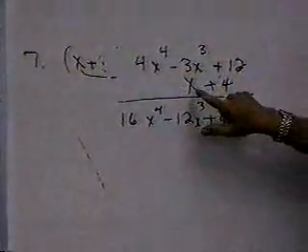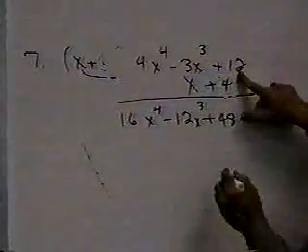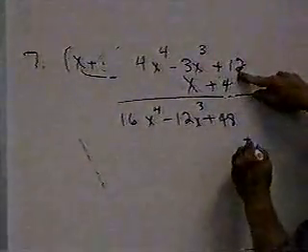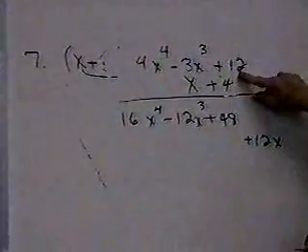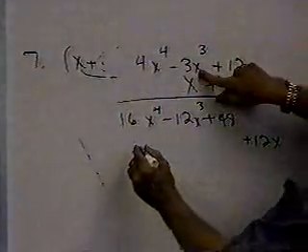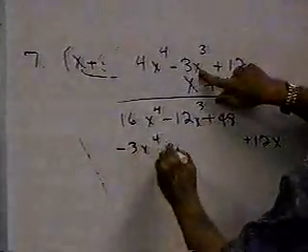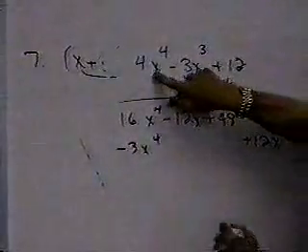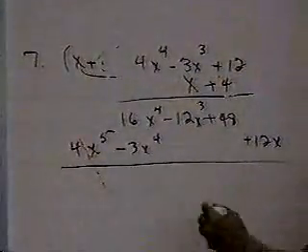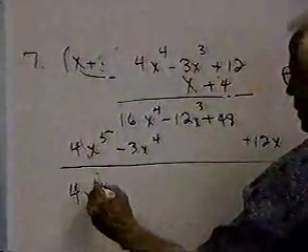Now we come back and multiply x times this. X times this is 12x. Can't put that there, so I'll put it over here. And then x times this is a minus 3x to the 4th. And then x times this is 4x to the 5th power. And adding those, you get the same answer.